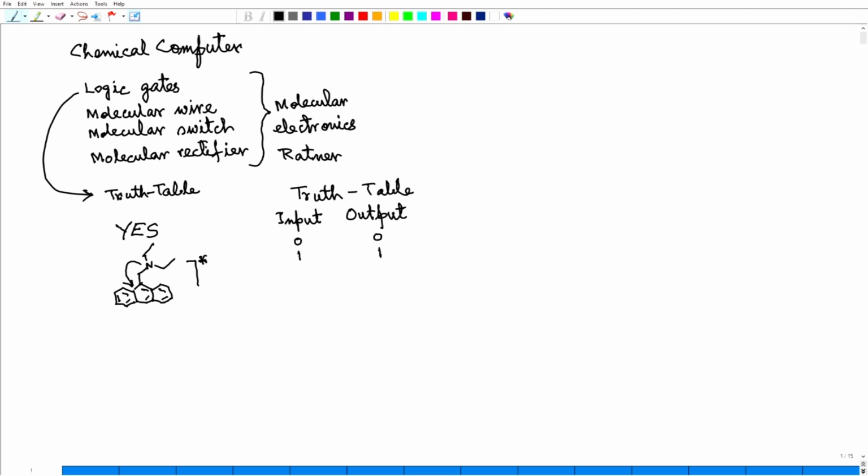Now, I put in a proton, simply acidify. I am going to get a protonated form of this, NH+.